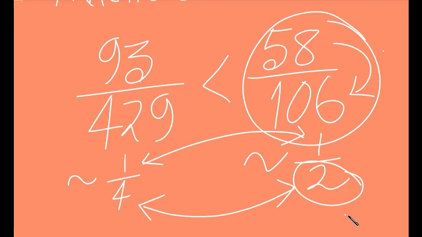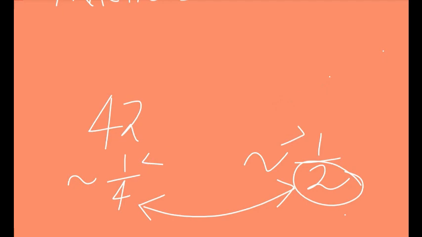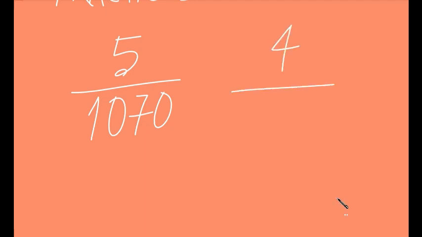For example, if you have numbers like this, then the multiplication becomes quite easy. Let me give you an example of that. Say for example, you have a single digit number, say 5 on the numerator, and then you have 1070, then you have here 4, and then you have 972.